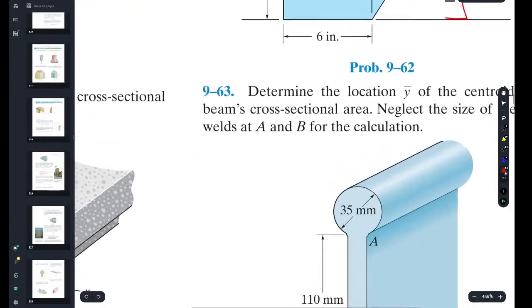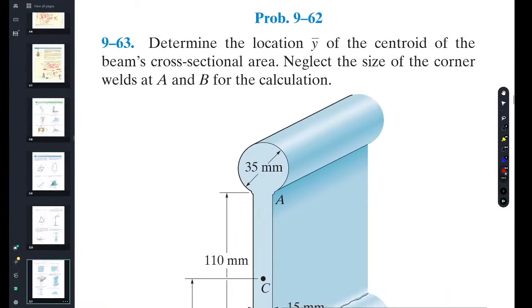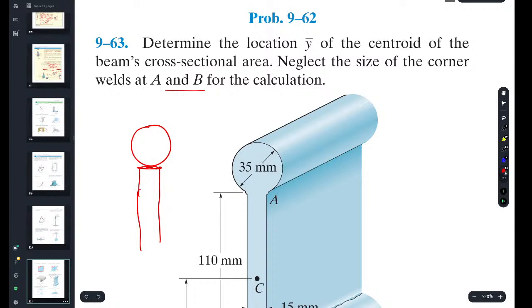Oh, this is a tricky one. He says neglect the size of the corner of the welds at A and B. So from that, to me, he's assuming that he takes this object, sticks it right on the top of this object, and then someone comes and welds a big weld out here.